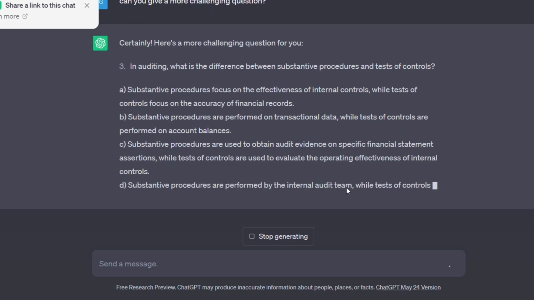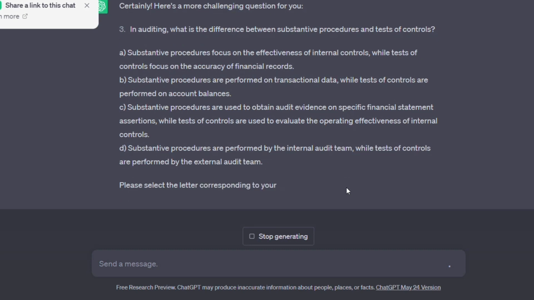Substantive procedures focus on the effectiveness of internal controls, while tests of controls focus on the accuracy of financial records. This is not. Baliktad. Substantive procedures are performed on transactional data, while tests of controls are performed on account balances. This is not. Substantive procedures are used to obtain audit evidence on specific financial statement assertions, while tests of controls are used to evaluate the operating effectiveness of internal controls.